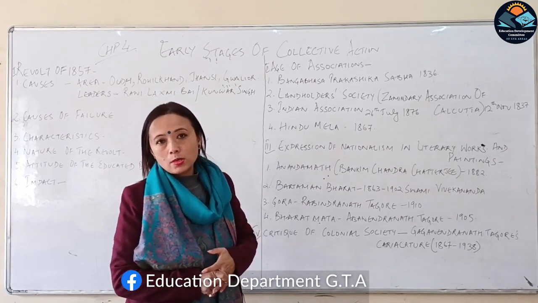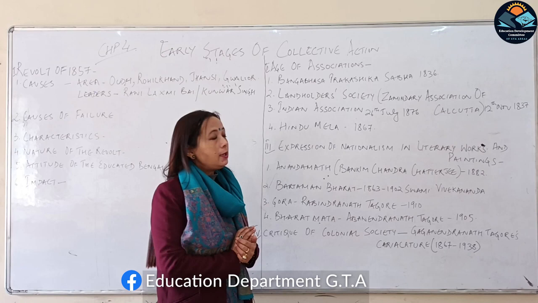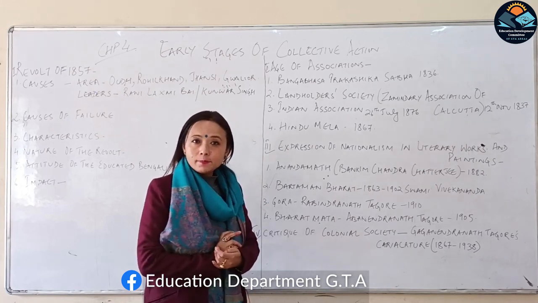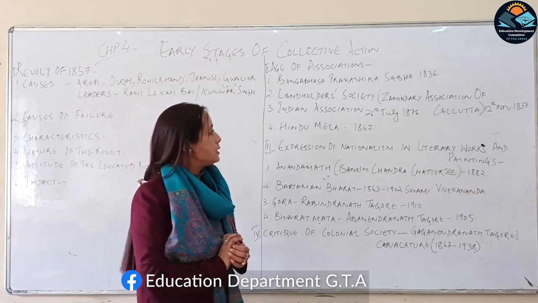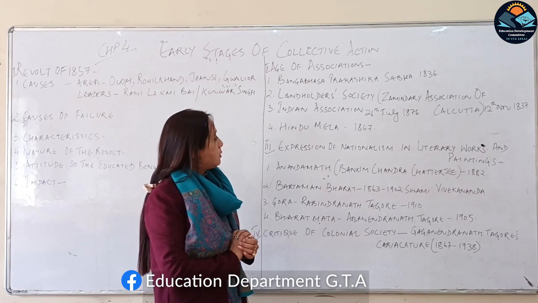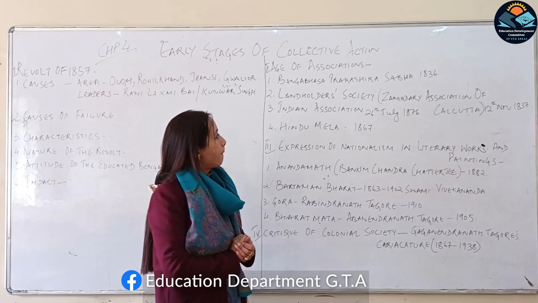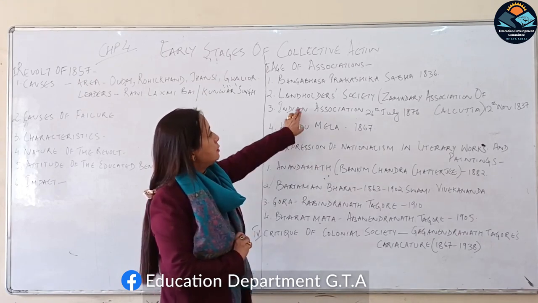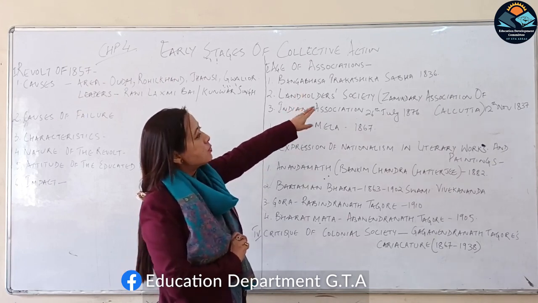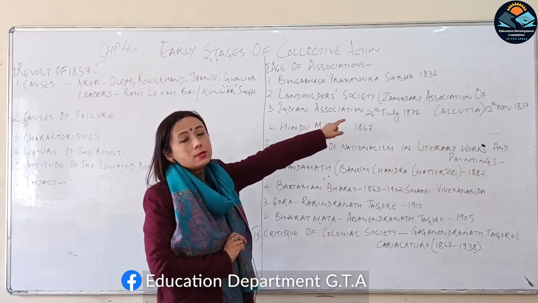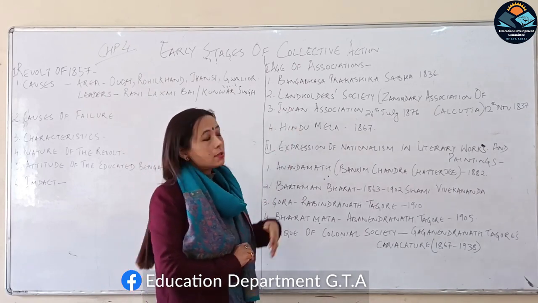Number two, to bring a change in the tax system, the revenue policy and the judiciary system. Another objective was that they did not leave the ryots out, as the ryots were closely associated with the zamindars. So they involved the ryots too in this society.